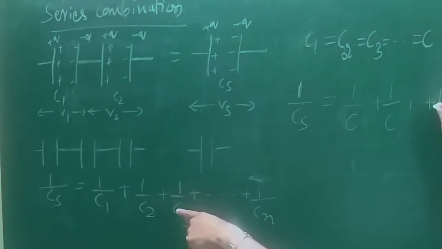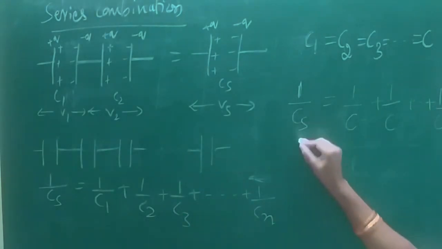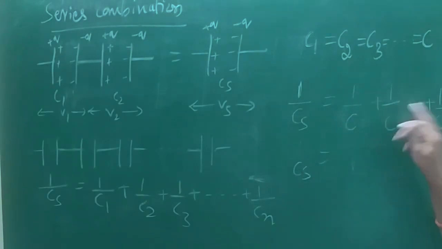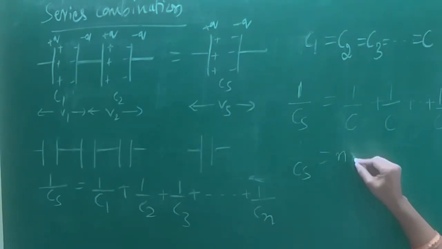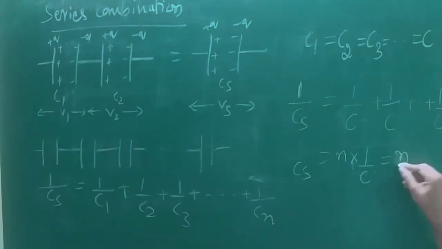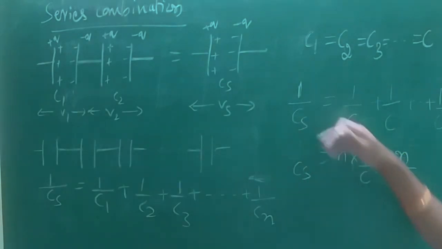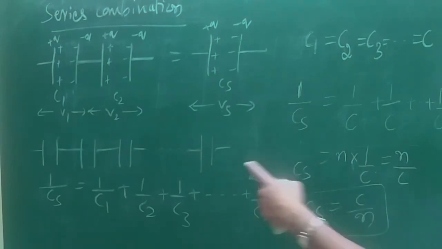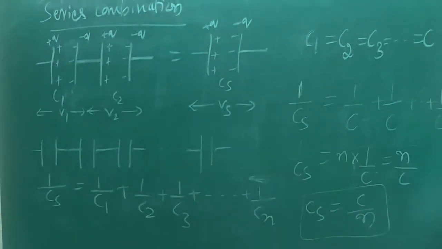That means we are adding 1 by C n times. So we write n into 1 by C, that is n by C. Now take the reciprocal. So Cs is equal to C by n. Suppose n identical capacitors are joined together end to end, then the equivalent capacitance is equal to C by n.